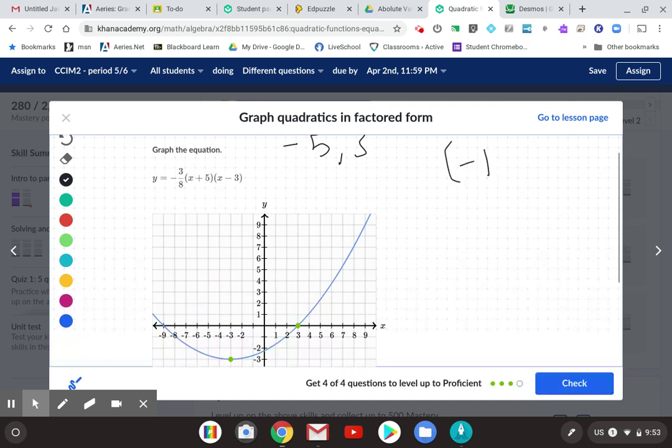I'll show how I figured that out. I looked at -5 and 3 and counted how many spaces there were altogether, and there were 8 spaces. Divide 8 by 2 is 4. Then I just go 4 spaces from -5 and from 3, so I get -1.